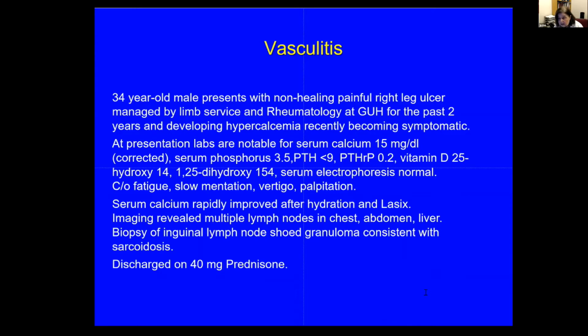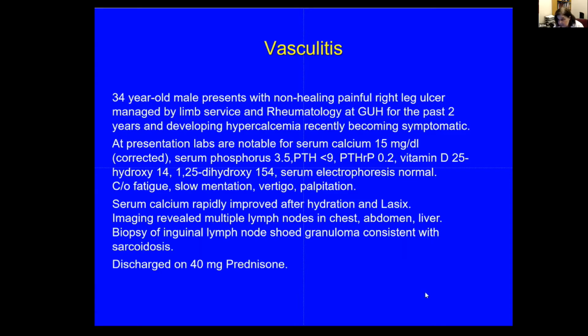And no wonder his calcium was 15. Phosphorus was again above 3, it was 3.5. The PTH was suppressed at 9. PTH-RP was normal, and 125 dihydroxyvitamin D was elevated at 154. Everything else was normal. He was very somnolent, dizzy, had palpitations.